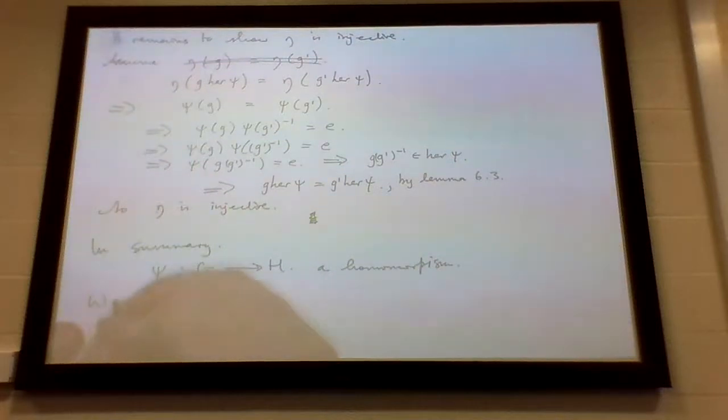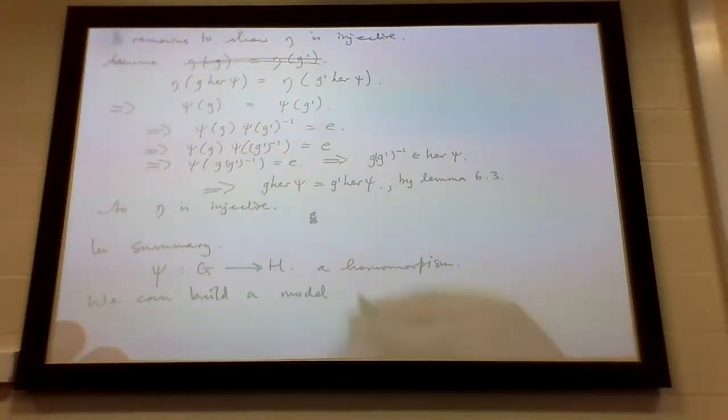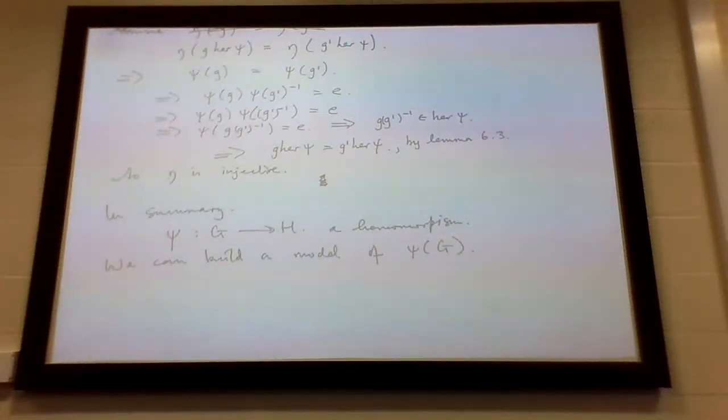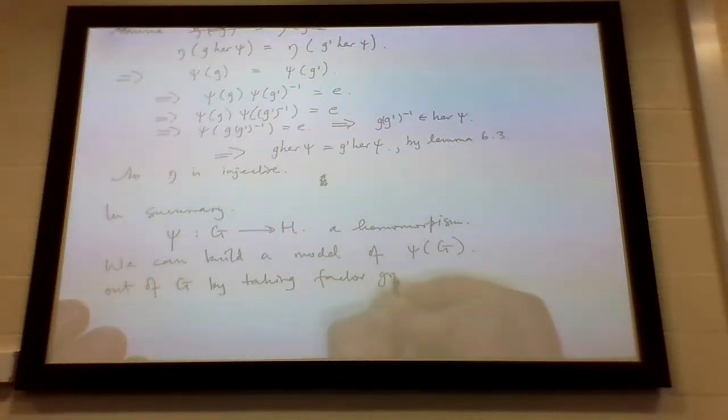it means we can build a model of what the image of the group G looks like inside the group H. We can build a model for it out of G by taking the factor group, the factor group G mod the kernel of psi.